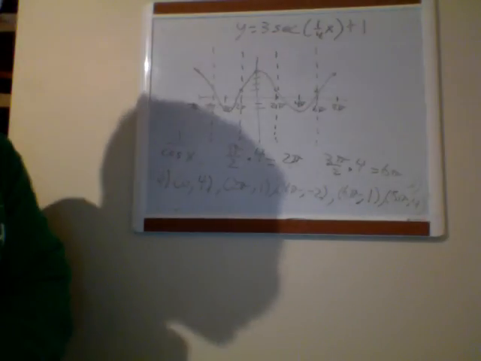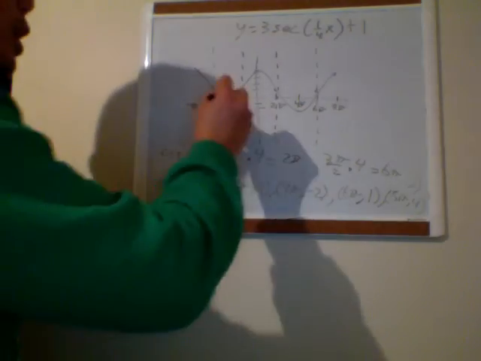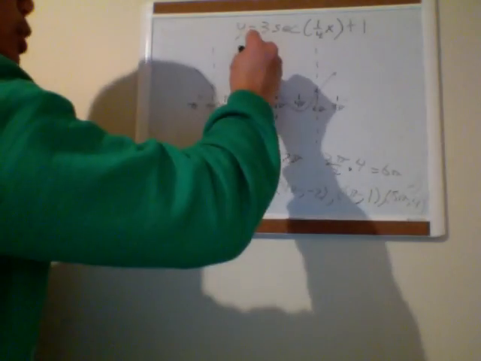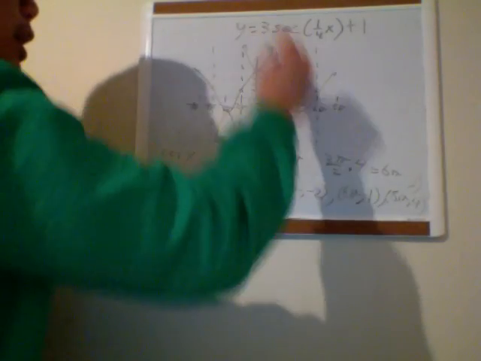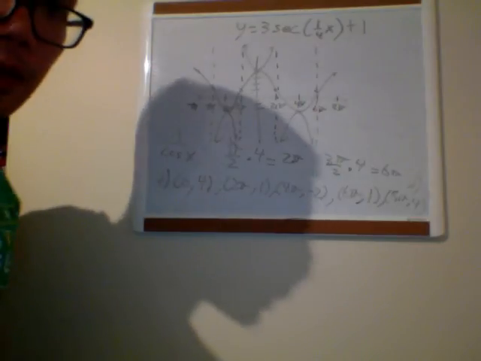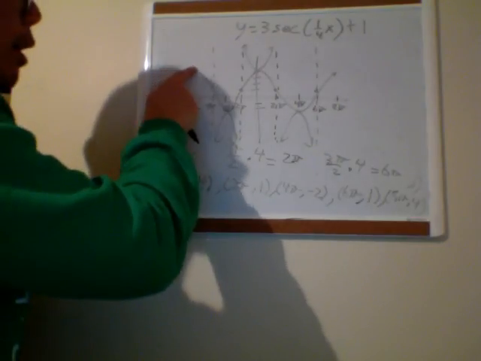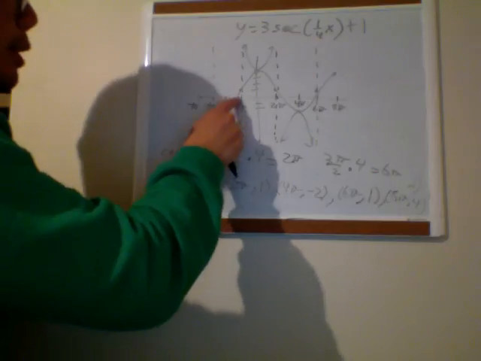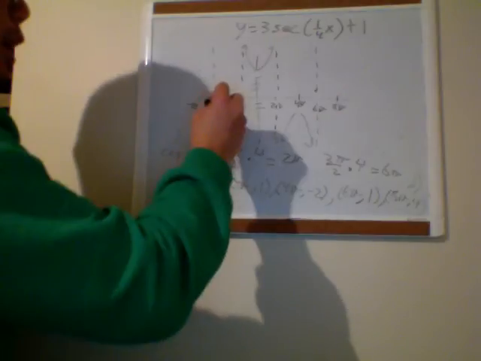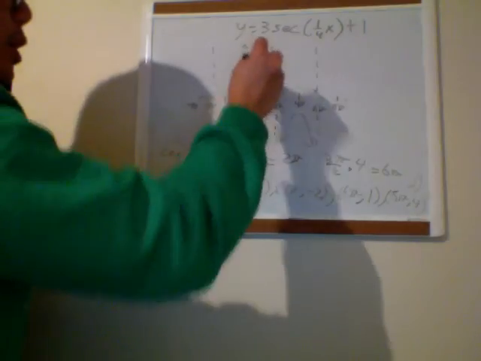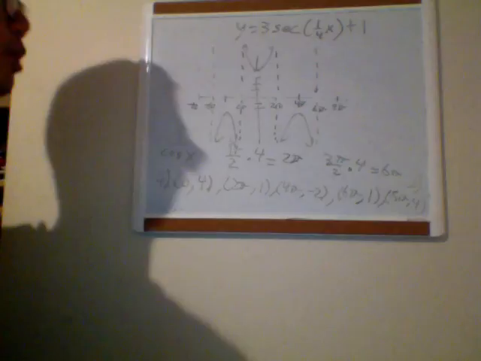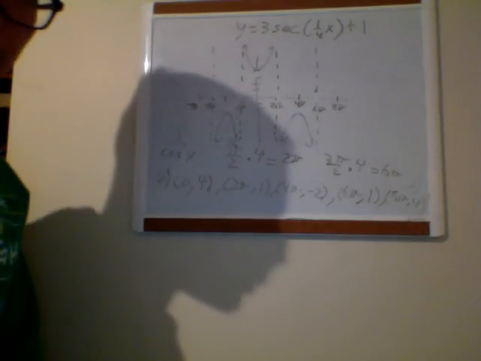And remember, the secant function is just a reciprocal, so my secant function will just look like that. Okay? And you could go ahead and erase the cosine wave. And so your secant function is that with the vertical asymptotes there. Okay?